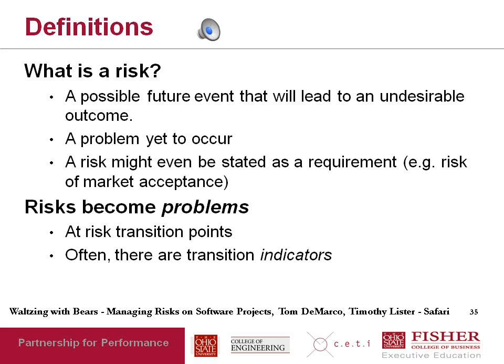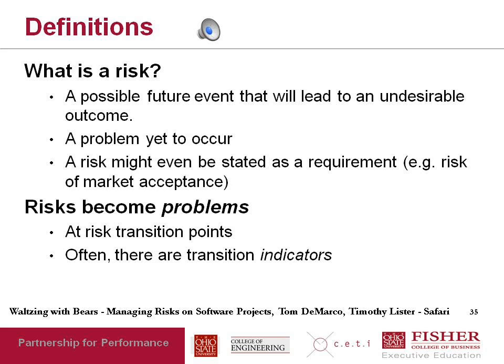Risks become problems at what are known as risk transition points. And often there are transition indicators that will indicate that the risk is likely to become a problem. So for example, let's assume you have a farm and you're planting some crops, and the risk is that you might have a thunderstorm that might blow the crops away.